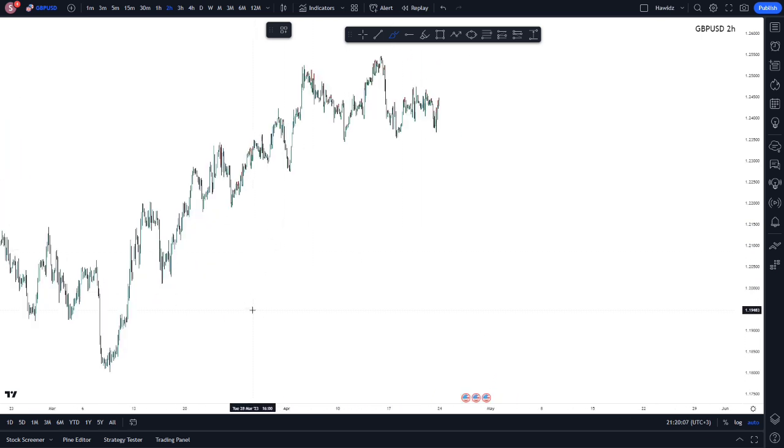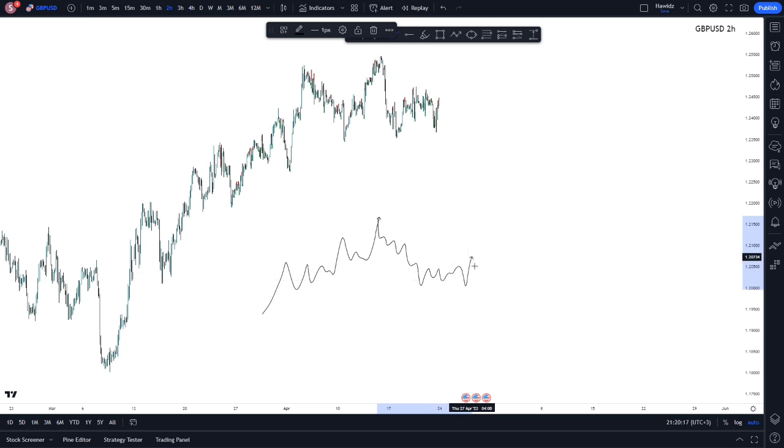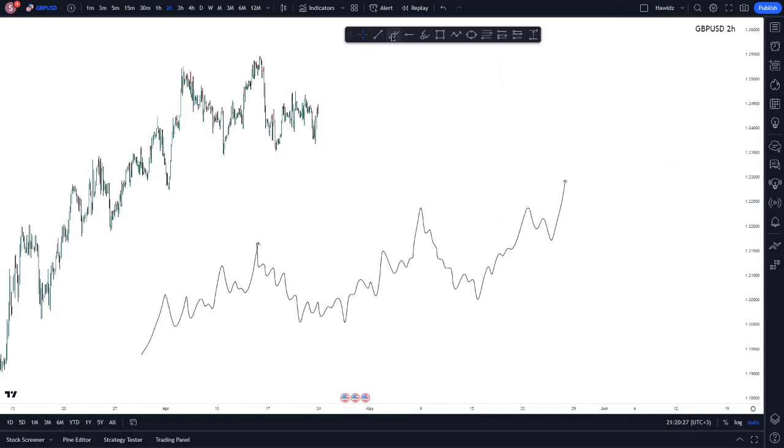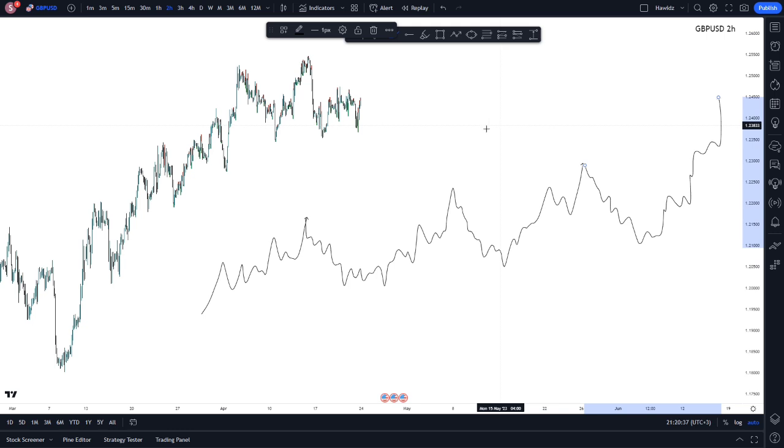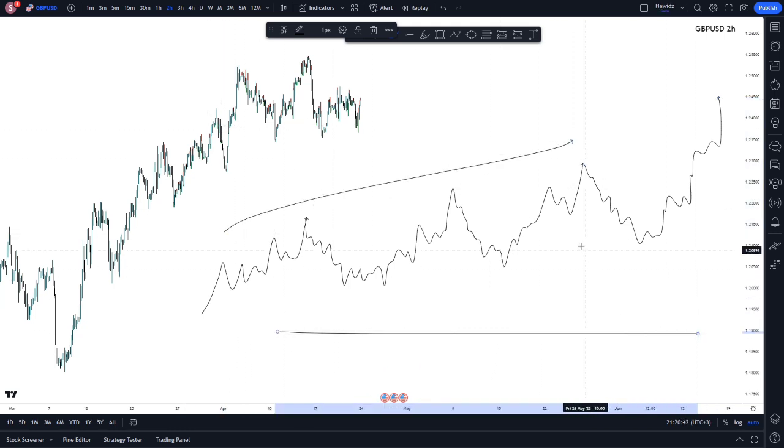Now, assuming we have a bullish market like this, which in turn turns bearish again, and then goes bullish once more, and then goes bearish again, and then goes bullish once more, right? Pardon my drawings, but it is what it is. And then it makes the same thing over and over again, a shift from bullish to bearish and bullish to bearish, right? So we have price moving in this kind of manner in the long term, right?